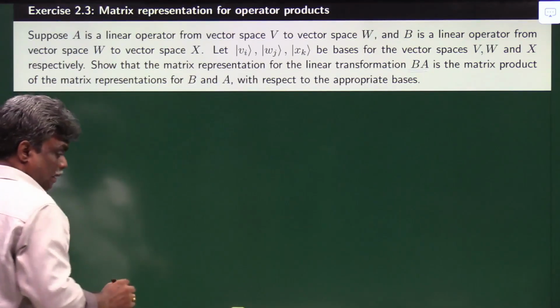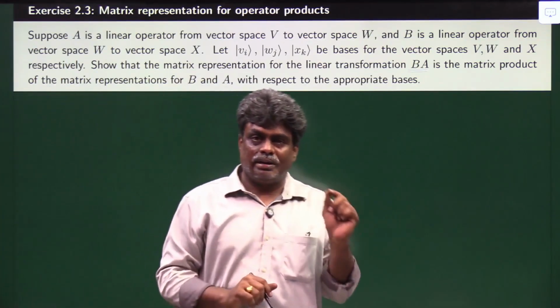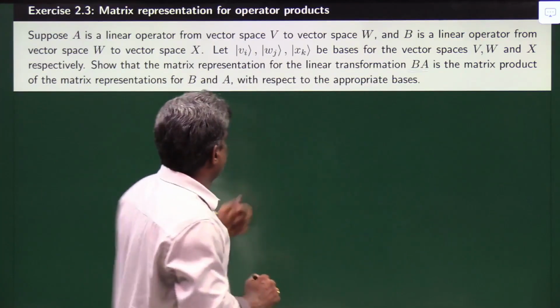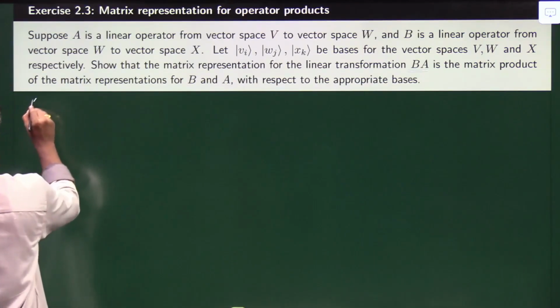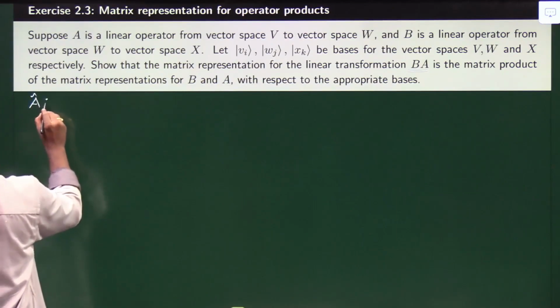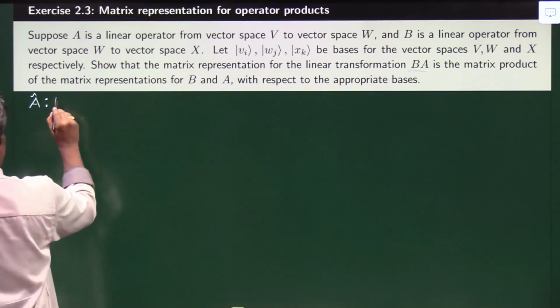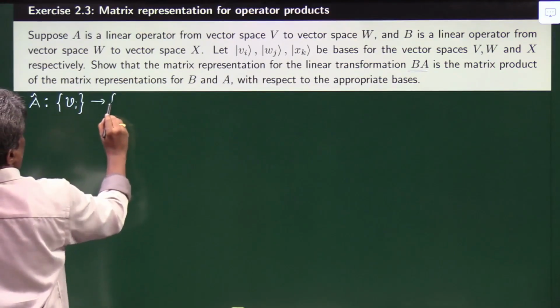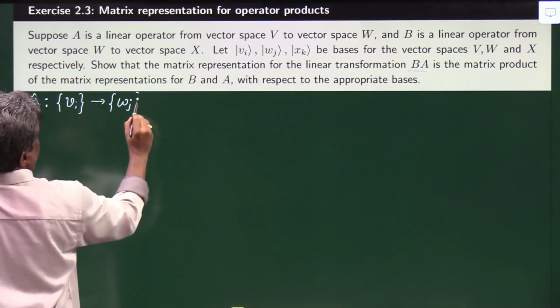Okay, so let me take one example and explain this concept. Before doing the mathematics, let me take one example. So as usual, A is a transformation from V to W. That's why my input basis is V and the output basis is Wj.